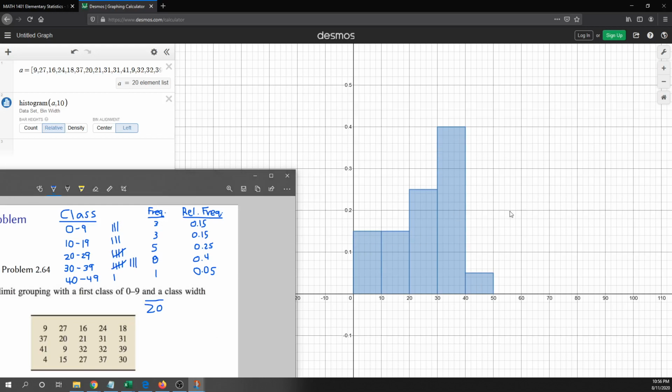All right. So as the course moves along, we probably will not be drawing these histograms out much, but we will sure be looking at these histograms as we go through the course. So I really need for you to understand what this picture is representing.